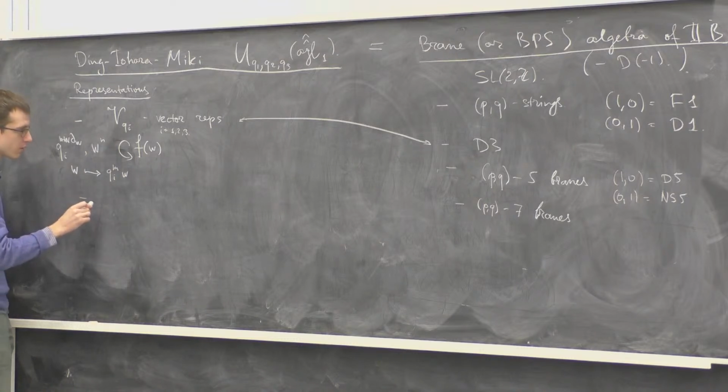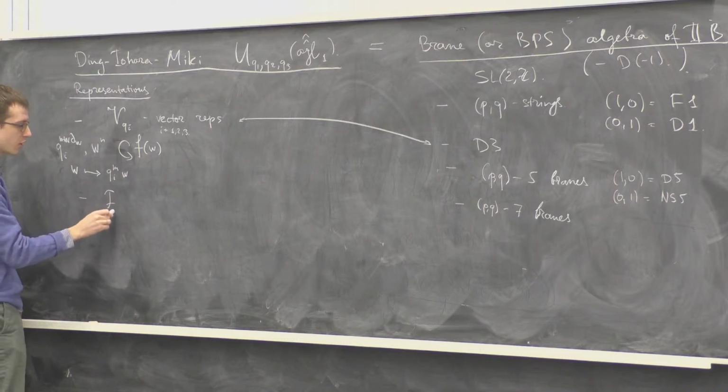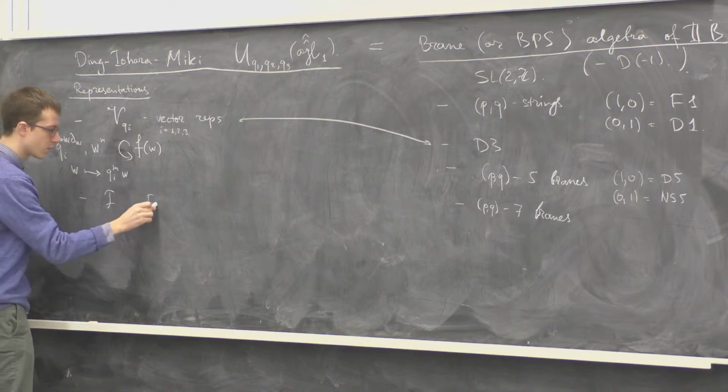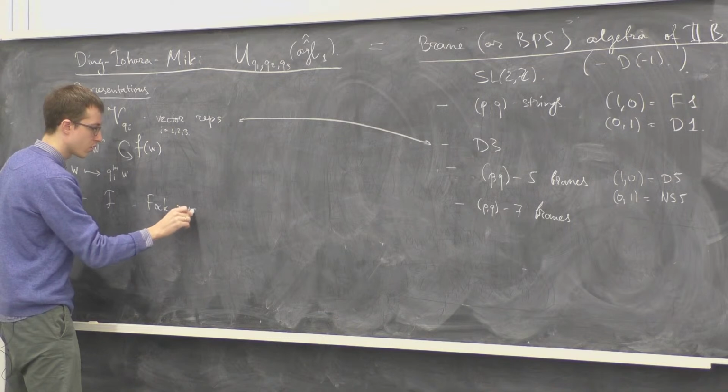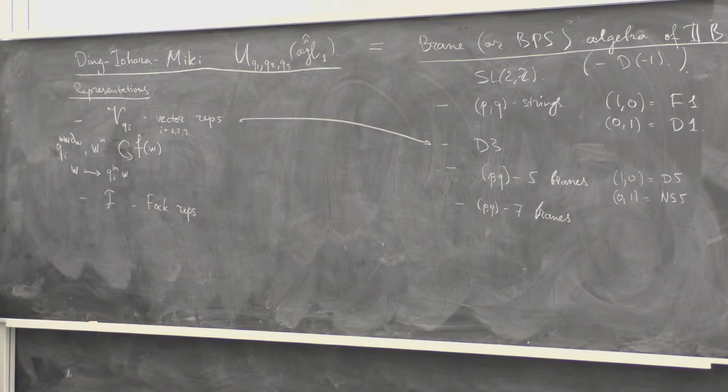So there are the Fock representations, F. There are representations on the free chiral boson Fock space.